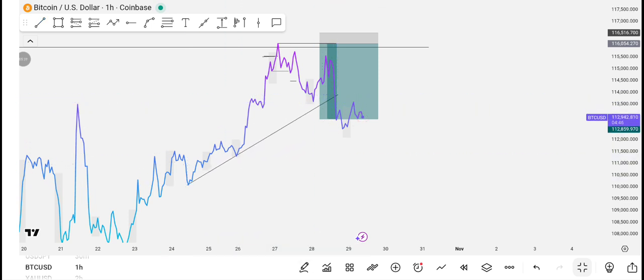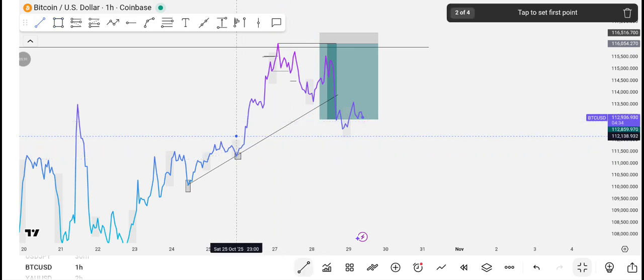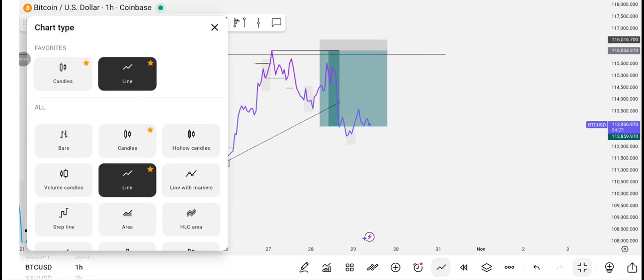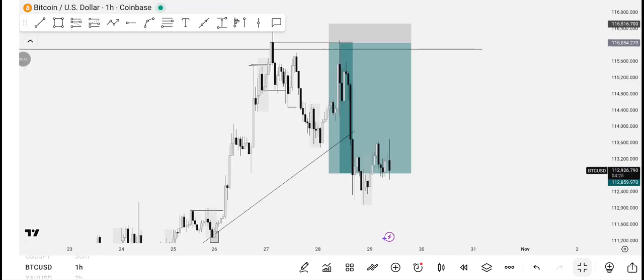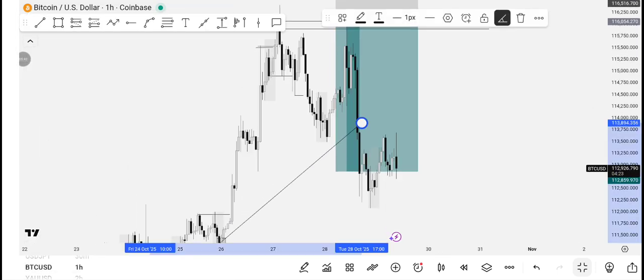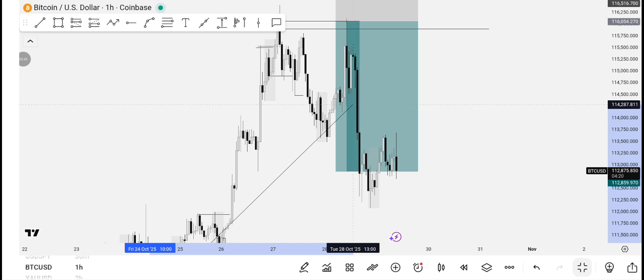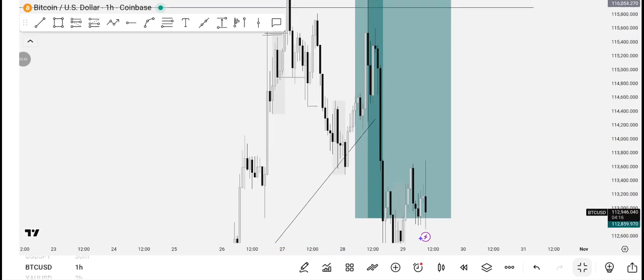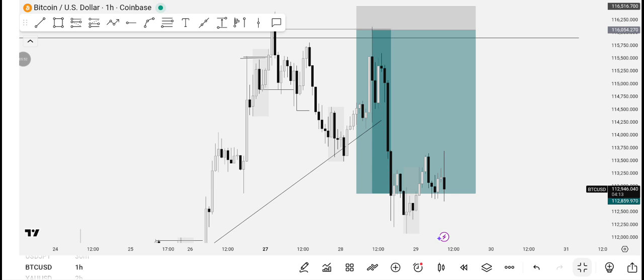So here was the first touch. Here was the second touch. The second touch to the trend line created a break to the outside, showing that our trend line is working, is active. So the trend line was somewhere around here. I waited for it to retest the trend line, which it did around this area.